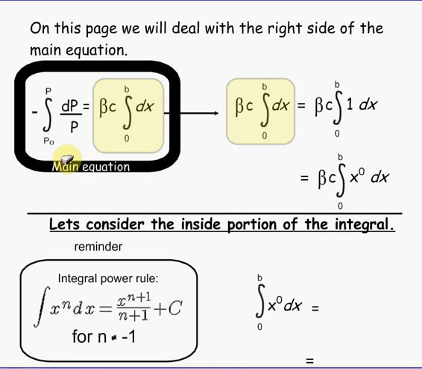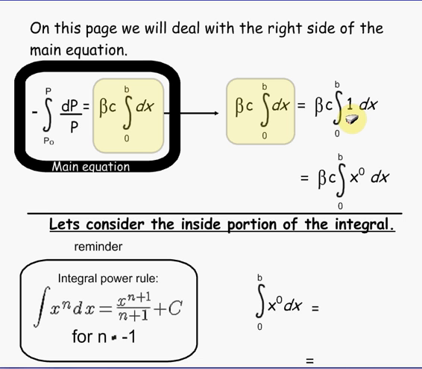So our equation says that as we integrate over the limits of integration 0 to b dx, we can see that there's a 1 in front of our dx.